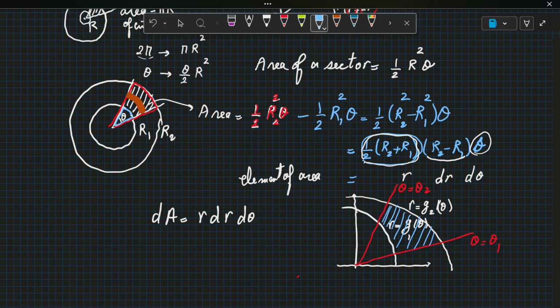So r is given in terms of theta. There is an inner radius and outer radius, and there is a beginning angle and the ending angle, and then there is a formula.